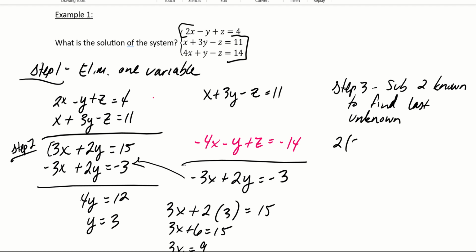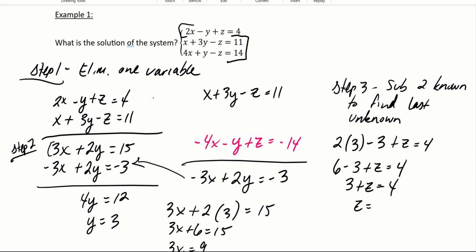So 2x is 2 times 3 minus y is 3 plus z is equal to 4. Okay, so I'll have 6 minus 3 plus z is equal to 4, which is 3 plus z. So that means z is equal to 1. So that means my answer is 3, 3, 1.